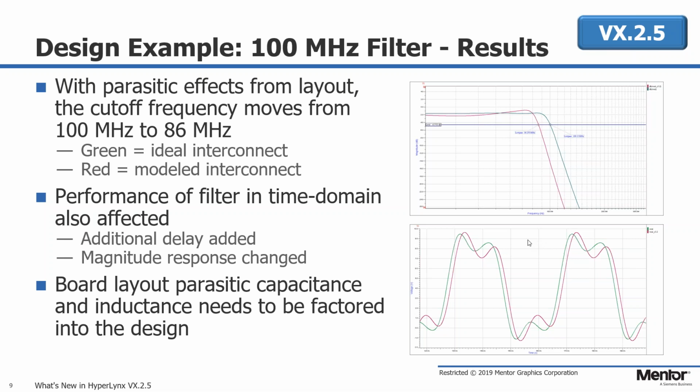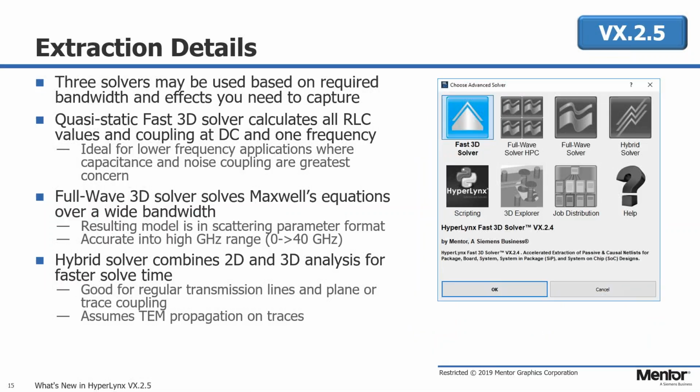So the way that we are getting the transmission line data, we're actually using the full wave solvers, and there are a couple of different options of which ones you can use in the full wave solver space. There's the quasi-static fast 3D solver, or the full wave 3D solver, or the hybrid solver.